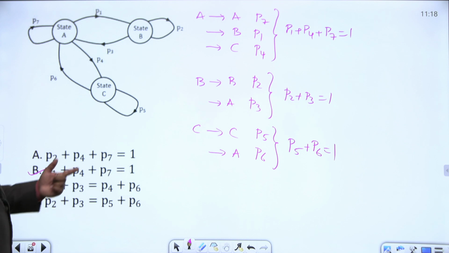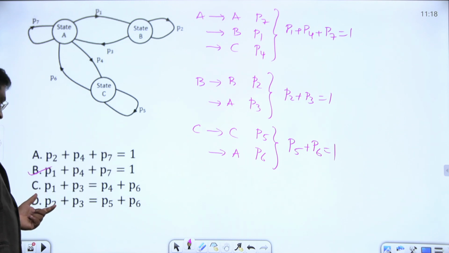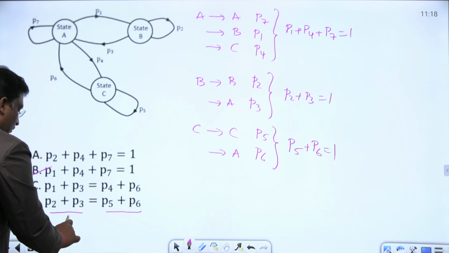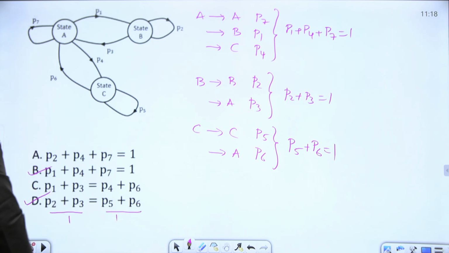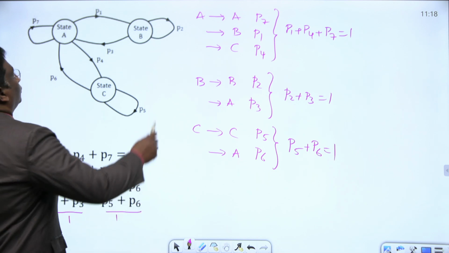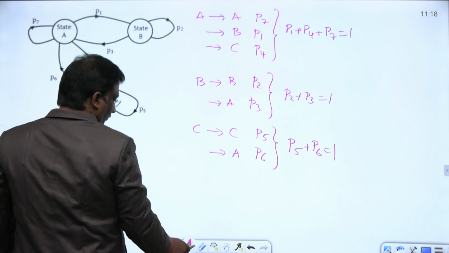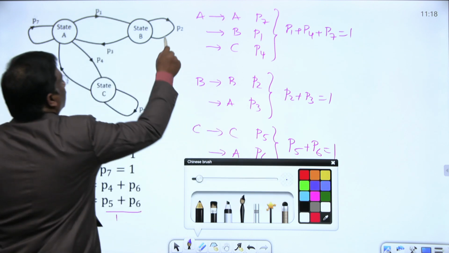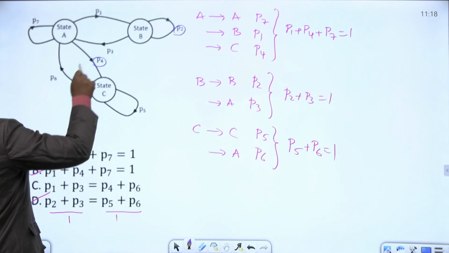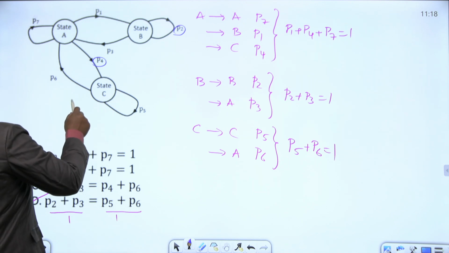P2 plus P3 is 1, P5 plus P6 is also 1, and both are equal. And if you notice the first option, P2, P4, P7, this is P2, this another probability P4, and P7, where is P7?